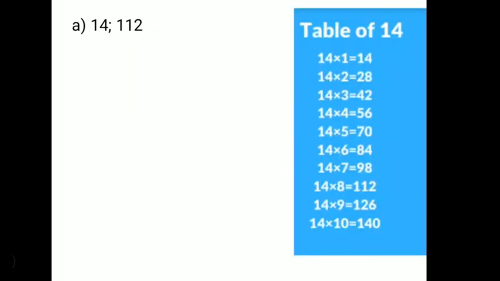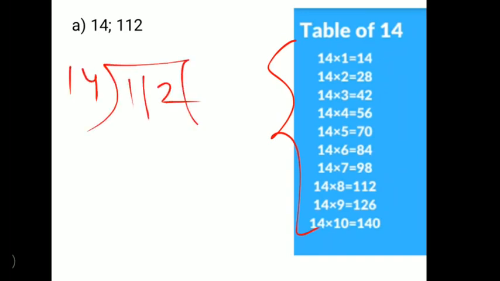So this is part A here. I have written the multiplication table of 14 here, right? In order to check this, we have to divide the greater number by the smaller number. The greater number here is 112 and the smaller number is 14.